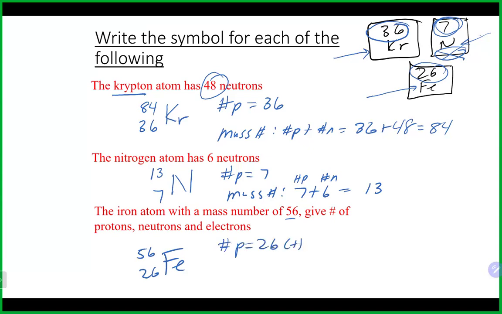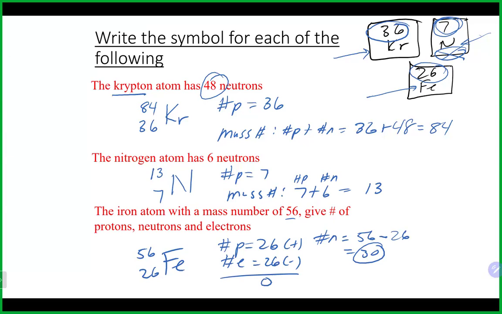It didn't mention anything about a charge, so we could probably safely assume that it's neutral, which means it should have an equal number of electrons in this case, giving us no charge. And lastly here, taking our neutrons, which is our mass number of 56, minus our atomic number of 26 gives us 30 for our neutrons.